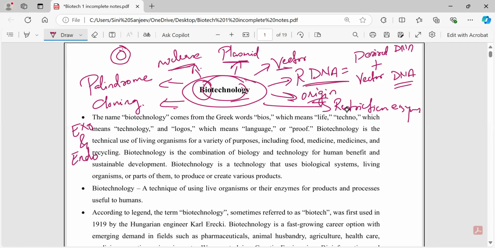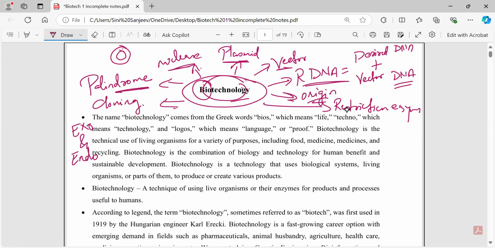You already know what nucleotides are, right? Exo means outer, so the exonuclease removes whatever nucleotides are present at the ends of the DNA. Whereas endonuclease cuts at a specific position, basically called a palindromic sequence, and removes that particular nucleotide from there.